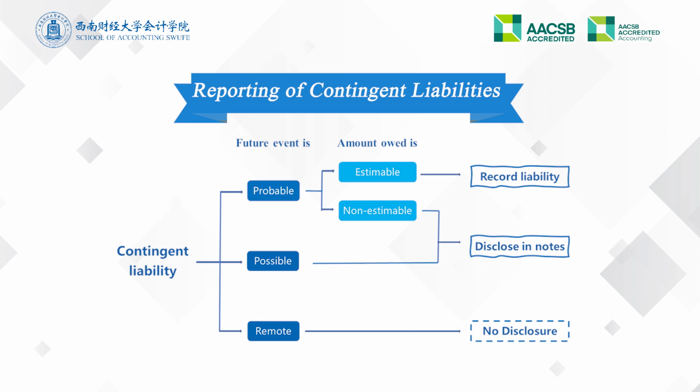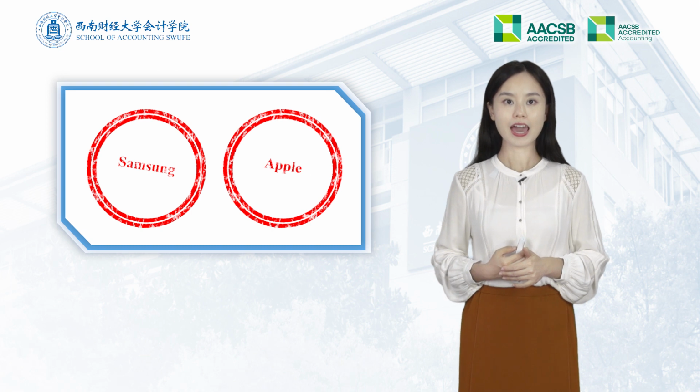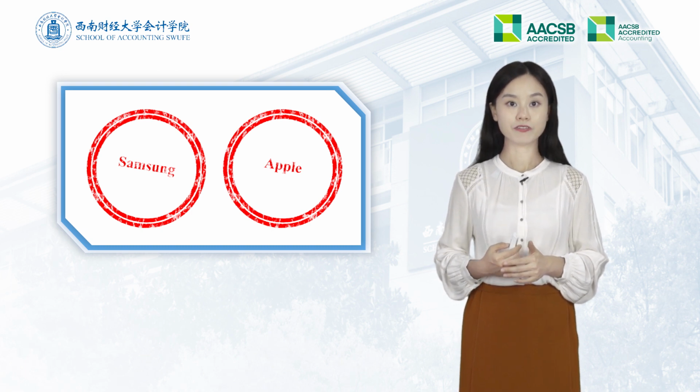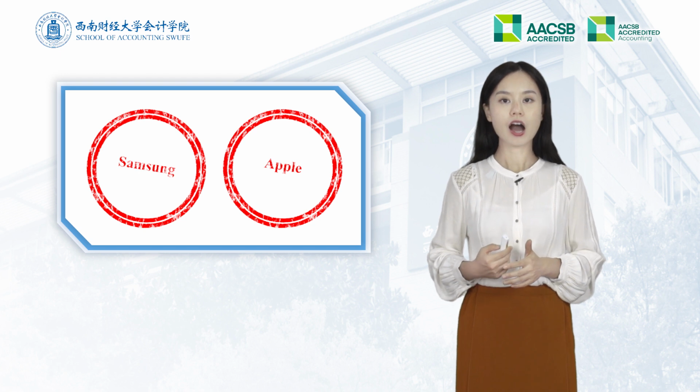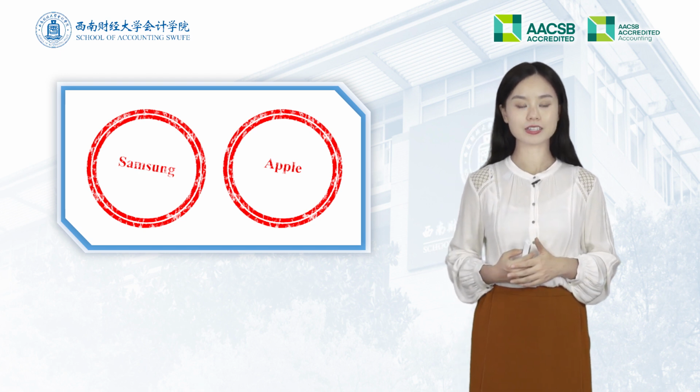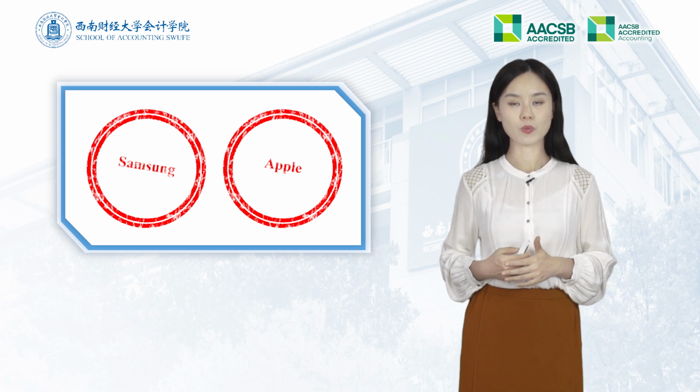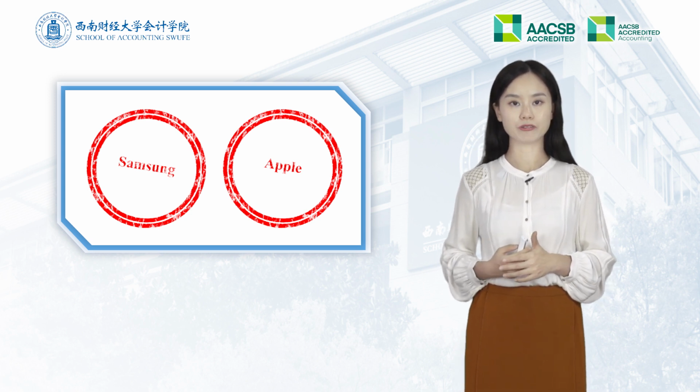A contingent liability is not recorded but disclosed in notes when the future event is probable but the amount owed is non-estimable, or when the future event is possible. A contingent liability is not disclosed when the future event is remote. In the Samsung example, as the final conclusion and the effect of the patent lawsuits with Apple are uncertain as of the reporting date, Samsung disclosed the lawsuit with Apple in notes of annual report.